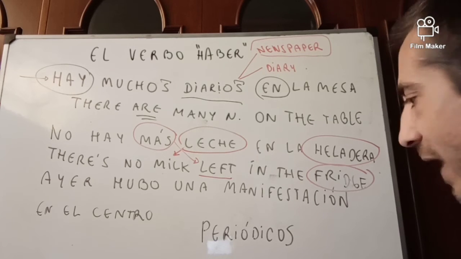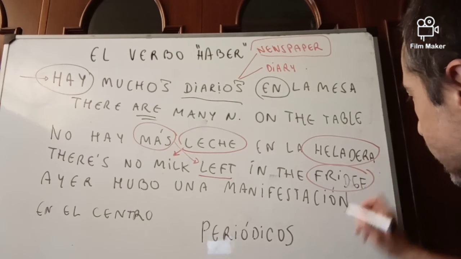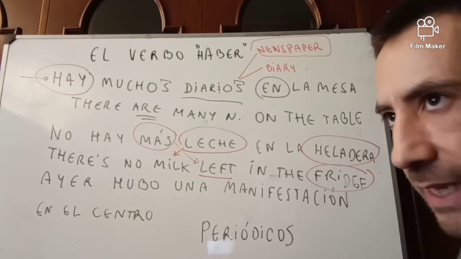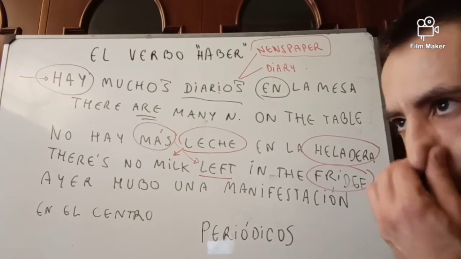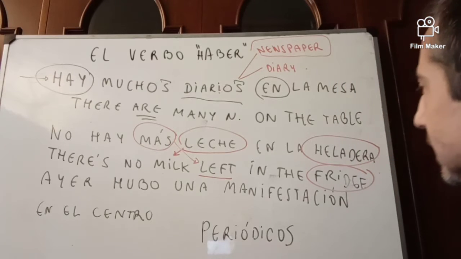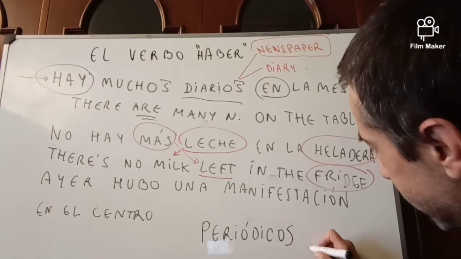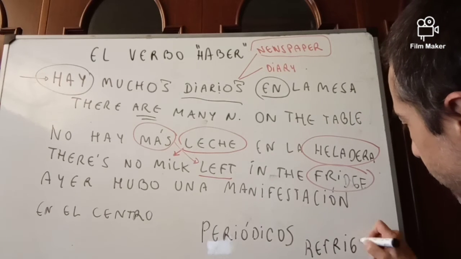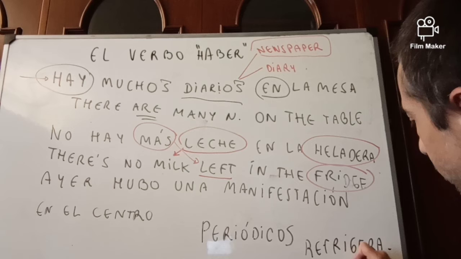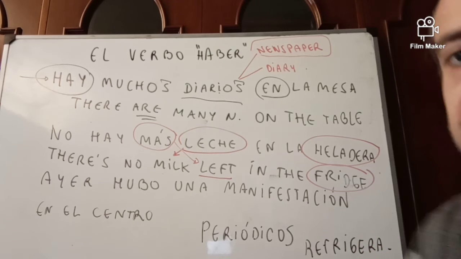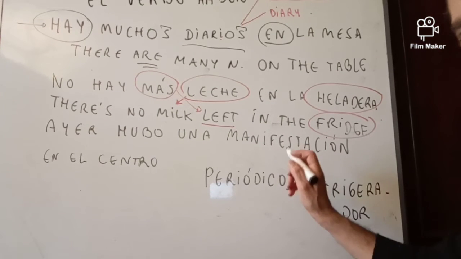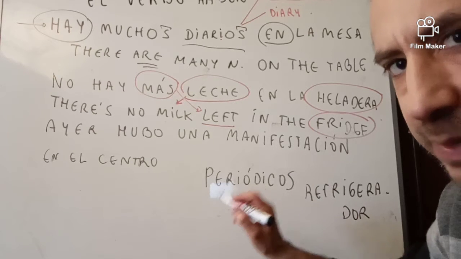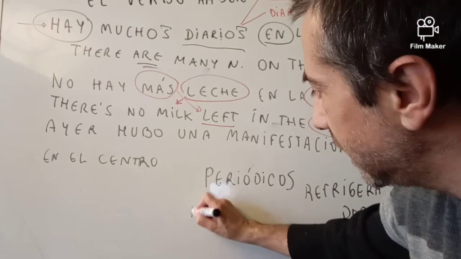we have different ways of saying fridge in Spanish. Heladera is the way in which we say it in Argentina, Uruguay, the surrounding countries. In most countries they say refrigerador, and only in Spain they say nevera.